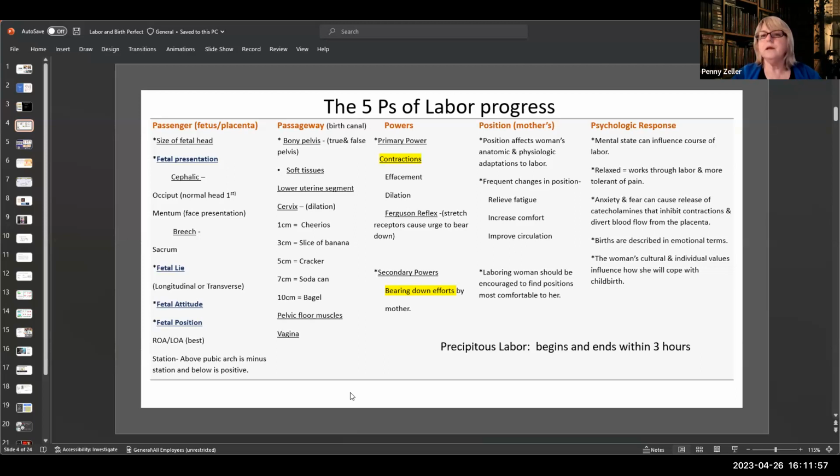Okay. And then the last P, so we've got passenger, passageway, powers, position, and psychologic response. In other words, the mother's mental and emotional state. If she didn't attend any childbirth classes, she might be a little anxious, especially if this is the first one.